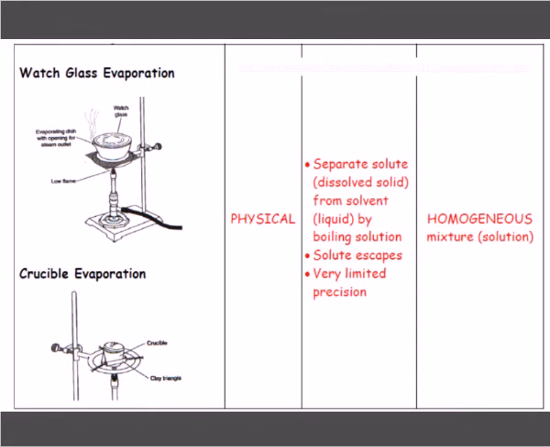So, this is for homogeneous mixtures, or a solution. Remember, that's another name for a homogeneous mixture. We have a whole unit later in the year about solutions, so we'll talk more about terms like solute and solvent. If you're not familiar with them, you don't need to worry so much about them right now.